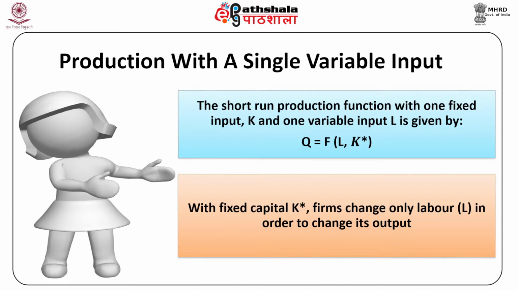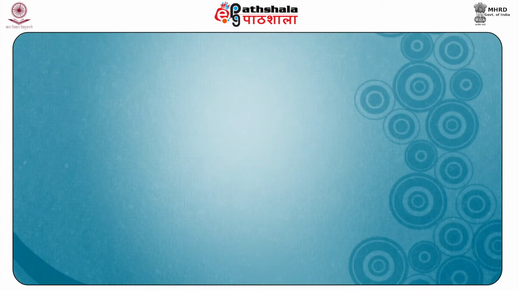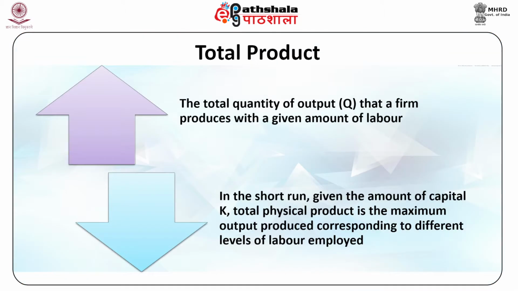Now, we will define certain important concepts related to features of production functions in order to complete our short run analysis. Next is total product. Total physical product or total product TP is defined as the total quantity of output Q that a firm produces with a given amount of labor.